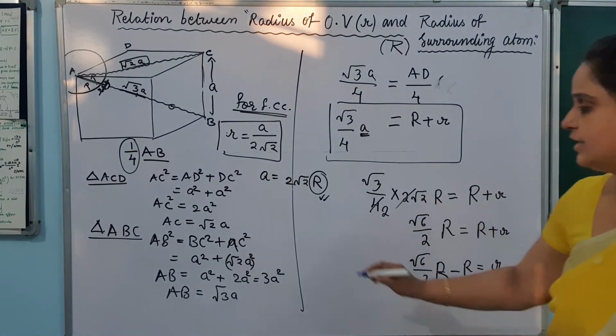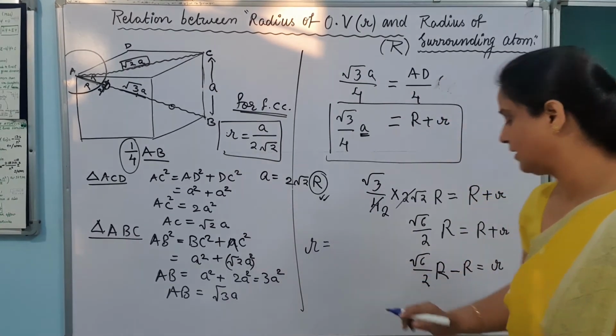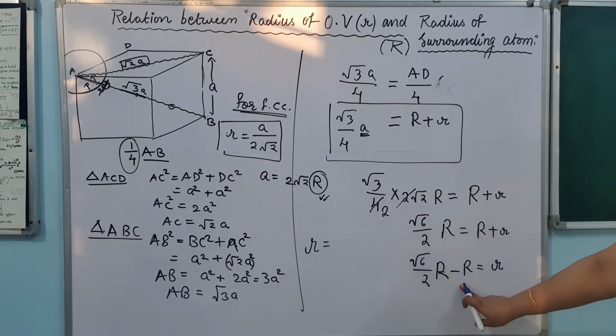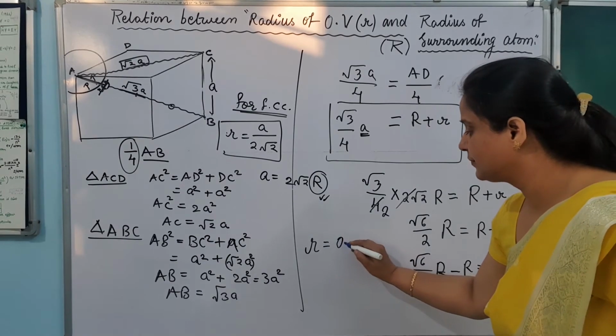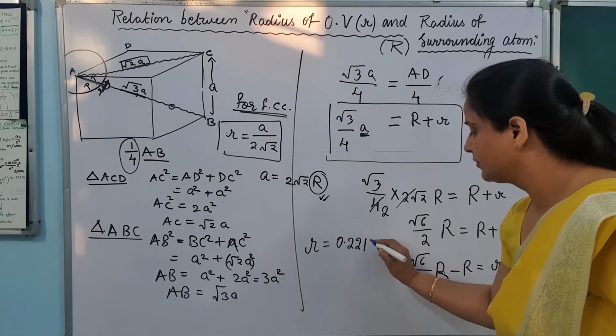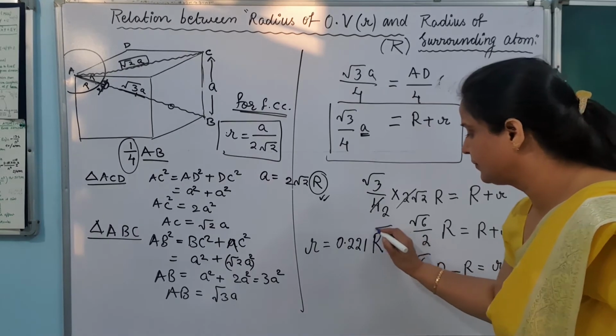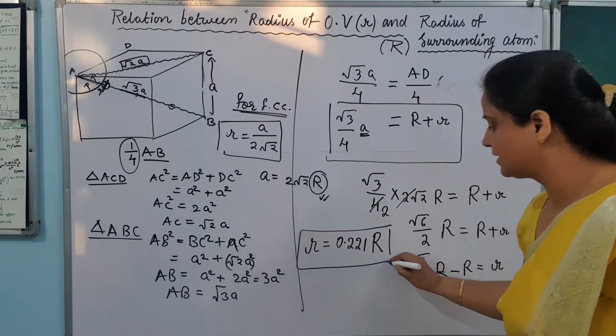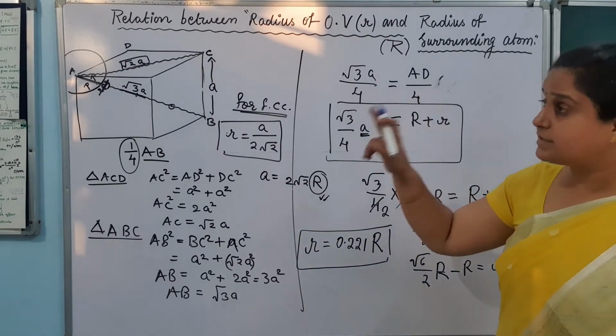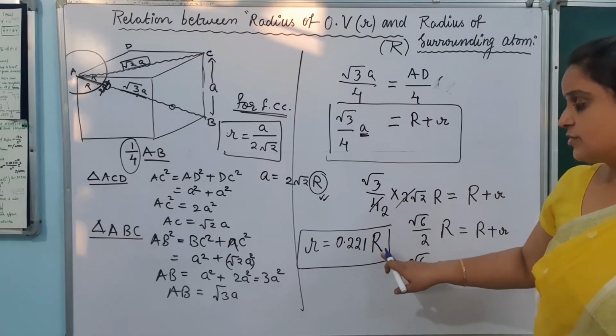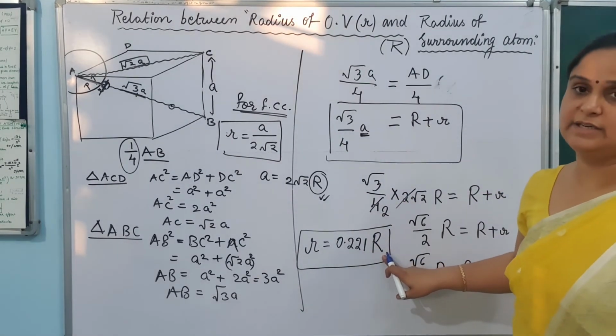And when you calculate it, you will find that small r will be equal to 0.221 R. And this is the relationship between the tetrahedral void and the radius of the atom which is creating the tetrahedral void.